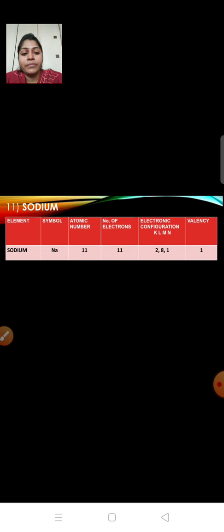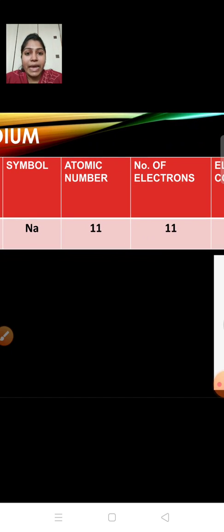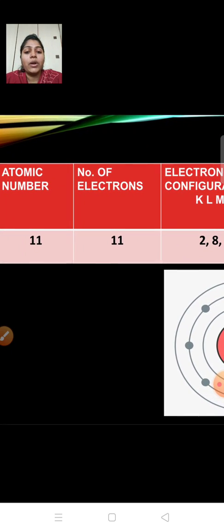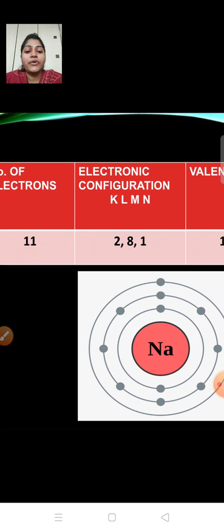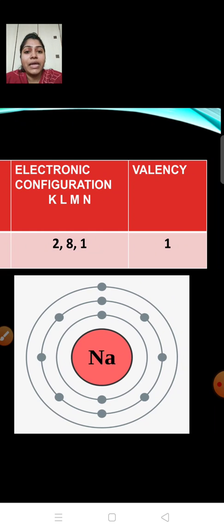Next one is sodium. Symbol of sodium is Na. Atomic number 11. Number of electrons 11. Electronic configuration, 2 electrons in the K shell, 8 electrons in the L shell and the remaining 1 electron will go to the next shell, that is M. Now you can see that the outermost shell has 1 electron.